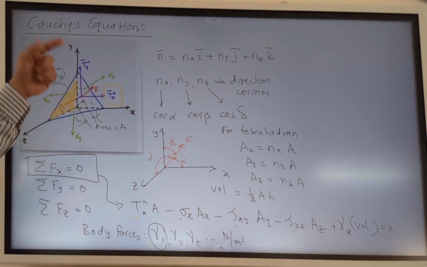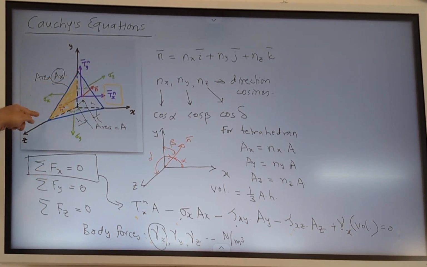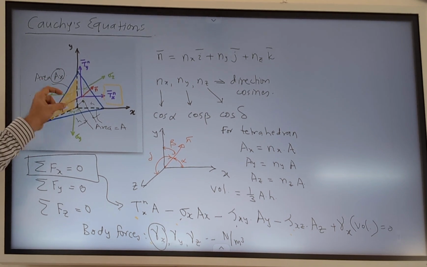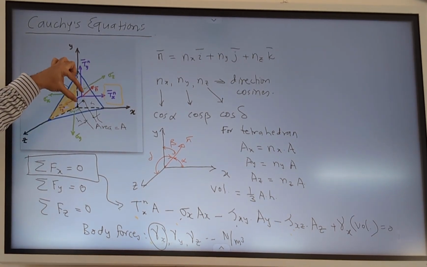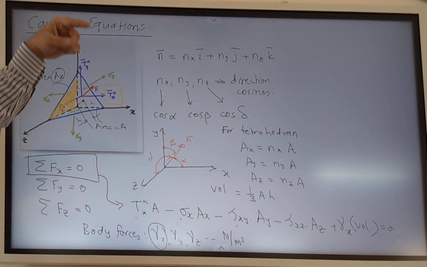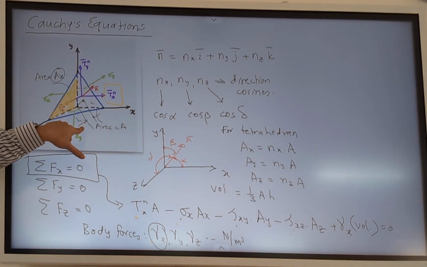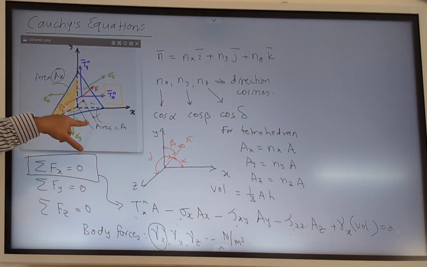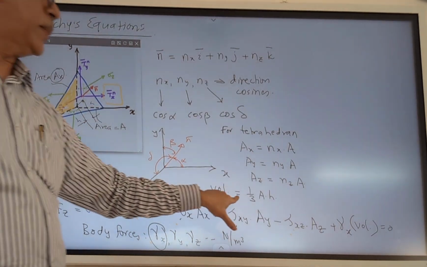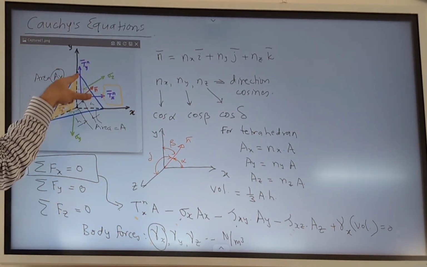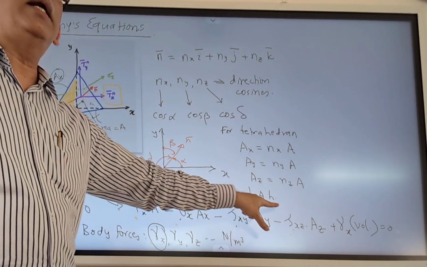If you drop a normal onto this n bar plane, whatever is the height, that I am calling h. So the volume of this tetrahedron can be given as 1/3 A into h.